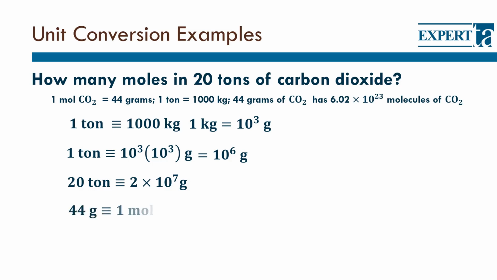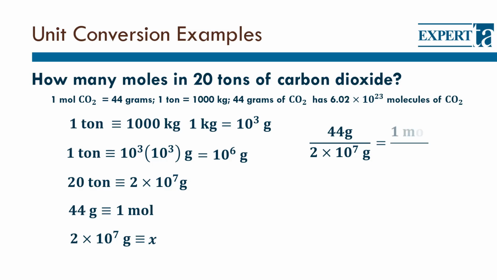We know that 44 grams corresponds to 1 mole, and here we have 2 times 10 to the 7 grams, and that corresponds to how many moles? Let's call this X, and this is basically a ratio. 44 grams divided by 2 times 10 to the 7 grams is equal to 1 mole divided by X moles.